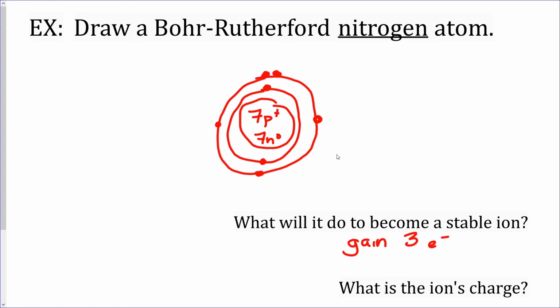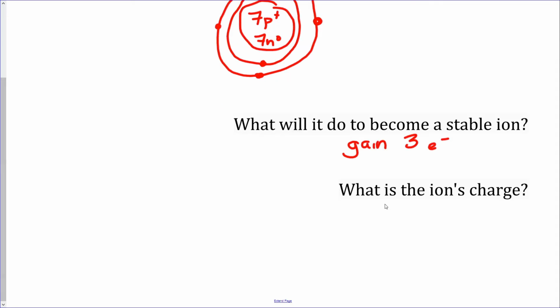And remember, these 5 electrons in the outermost orbit are called valence electrons. So it's going to gain 3 more valence electrons. What is the ion's charge? Well, we write the number 3, and if it's gaining negative electrons, that means the charge is going to be 3 negative. So a nitrogen ion, also known as a nitride ion, will have a charge of 3 negative.